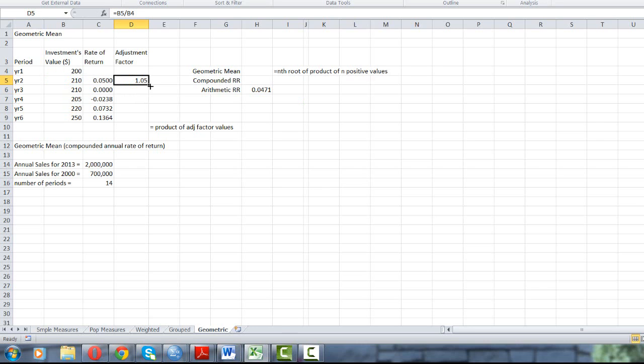Okay. So now you have your adjustment factors. If you were to multiply 200 times 1.05, you'd get 210, times 1, 210, times 0.976, 205, and so on. So now what we want is the product of these values here. And there is a function we can use, along with the sum.